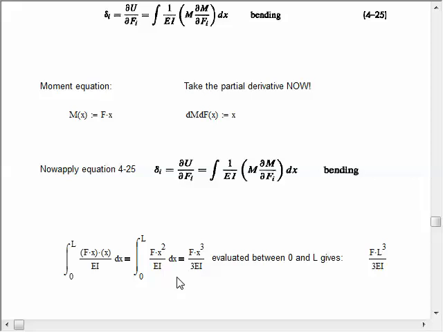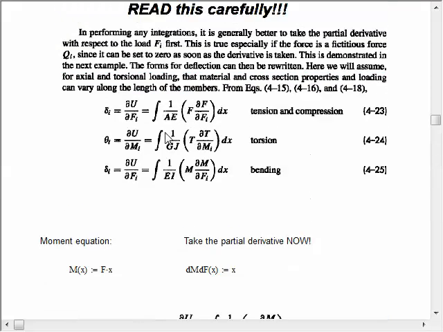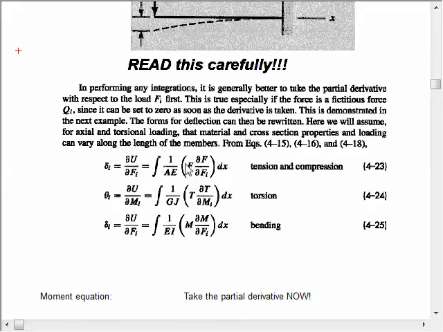We will see that illustrated in the next problem, and that's where taking the partial first inside the integral, and then setting the fictitious load equal to 0 before we integrate, before we do any other algebra, will be a real payoff. We'll see that in the next video.